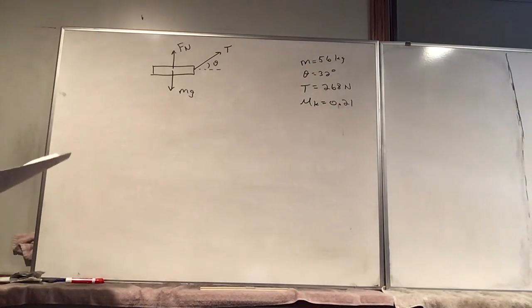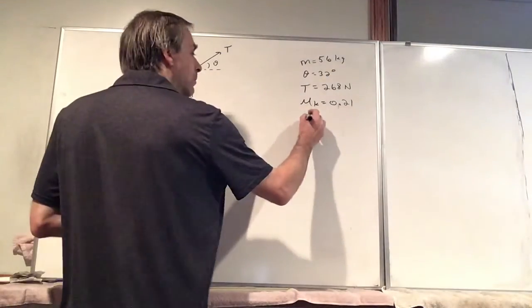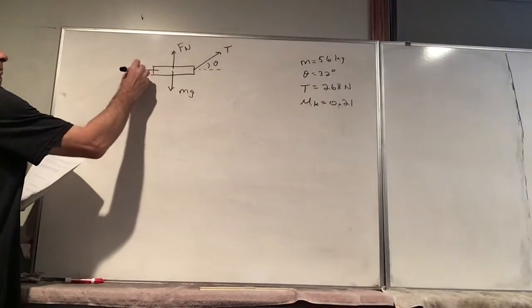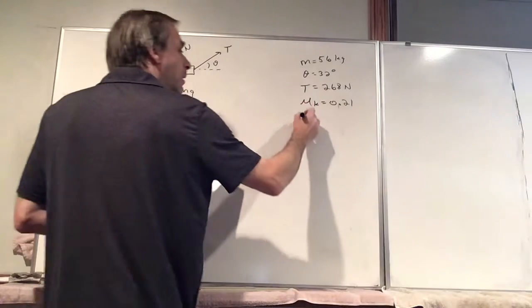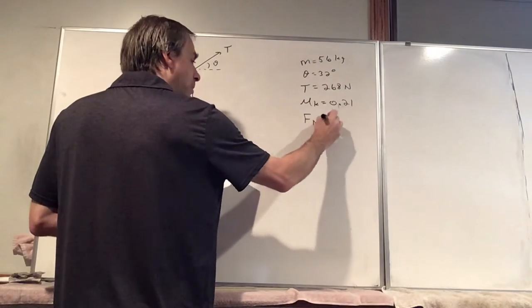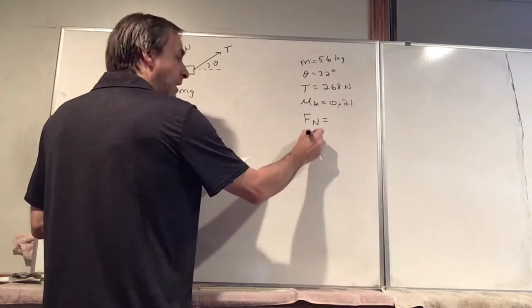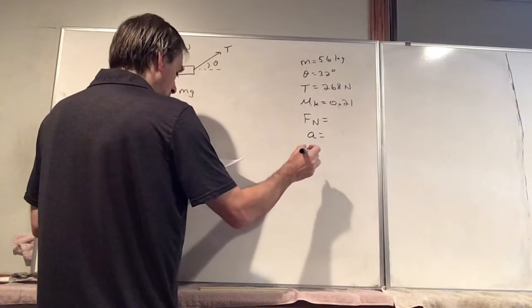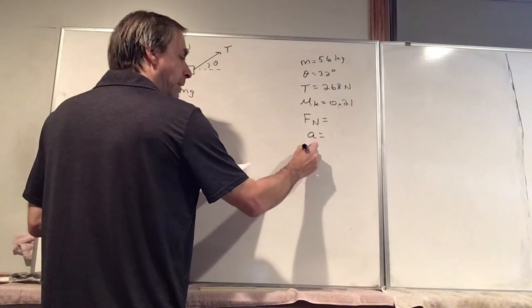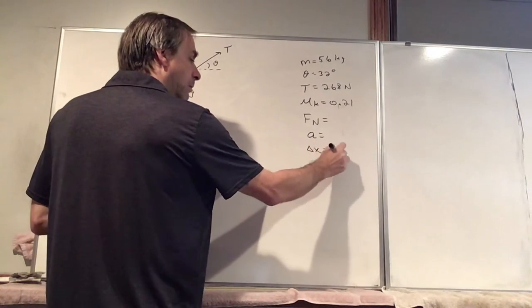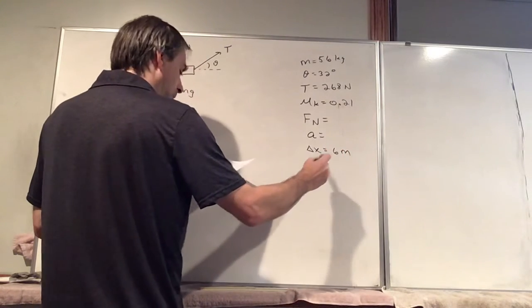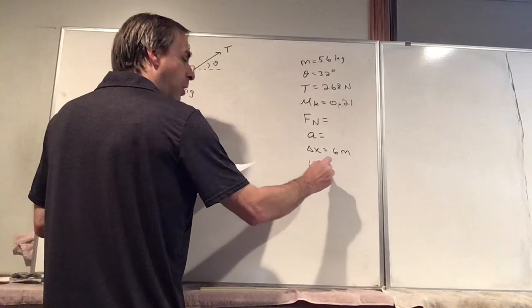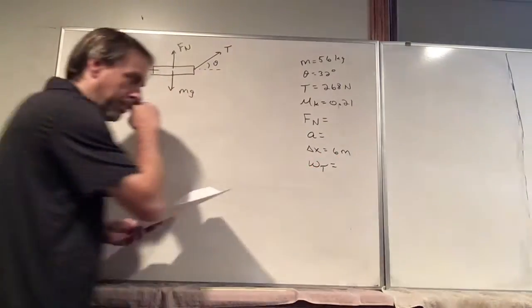So first off, what is the normal force? Oh yeah, we are dealing with friction here. So we want to know the normal force, the acceleration of the box, and if we drag the box a distance of 6 meters, what is the work done by tension?